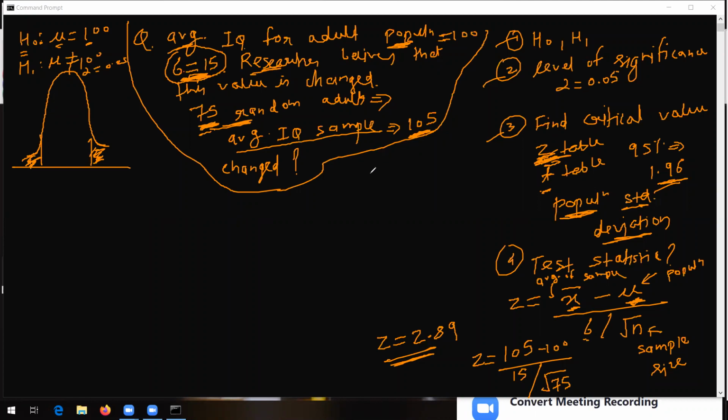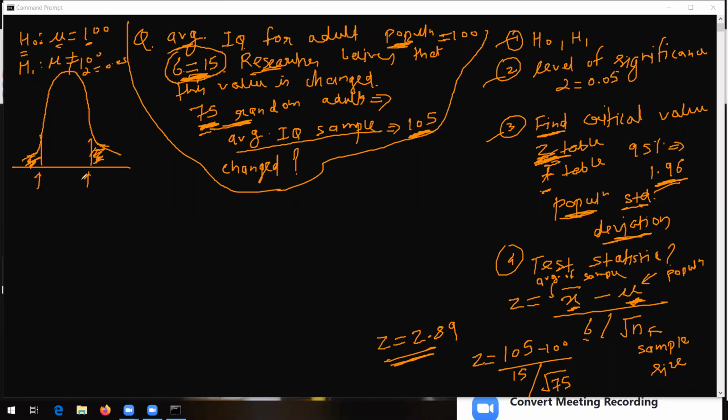Now, one more point, about finding the critical values. We got the critical value as 1.96. But I want to explain what it actually represents on the graph. See, critical values are going to represent these lines.